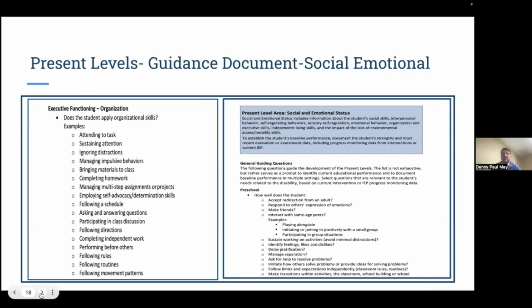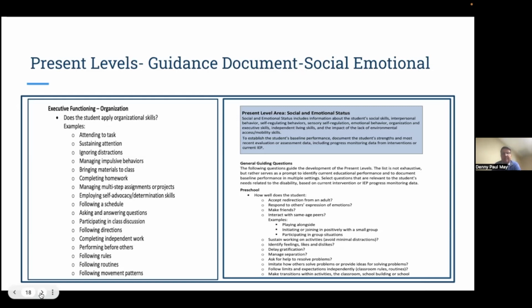So then we have the piece social emotional. We can see here guided questions for the areas. Now, when we're talking about social emotional functioning, we're developing that baseline for it, these are some things you can ask yourself. Most of our students that are in special education have executive functioning issues.